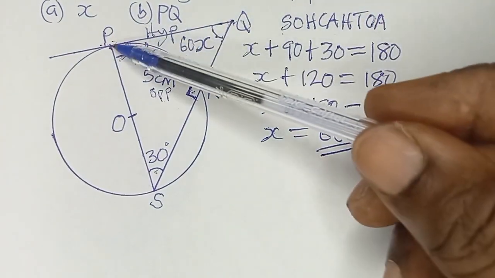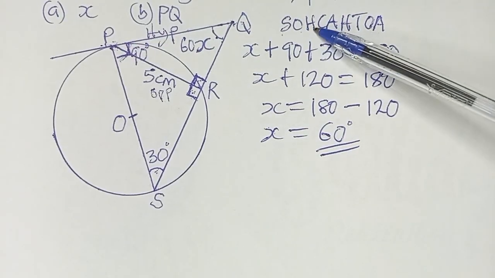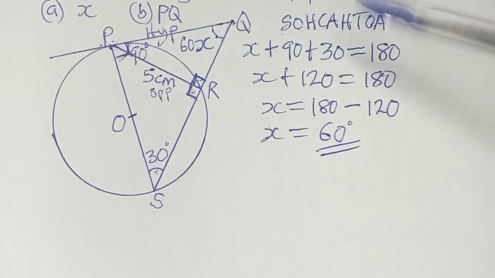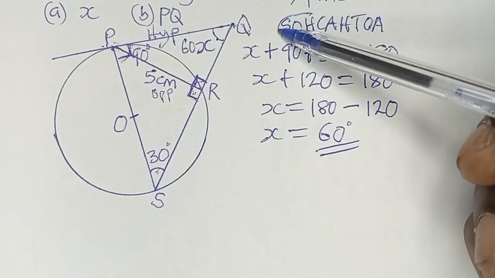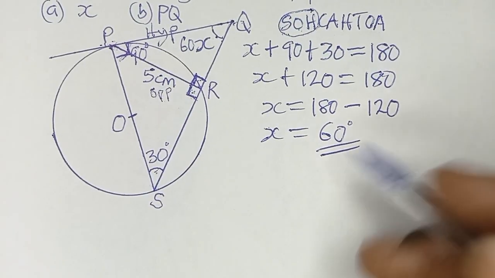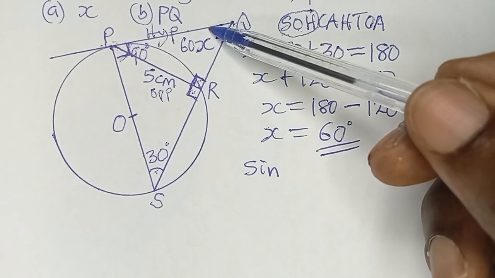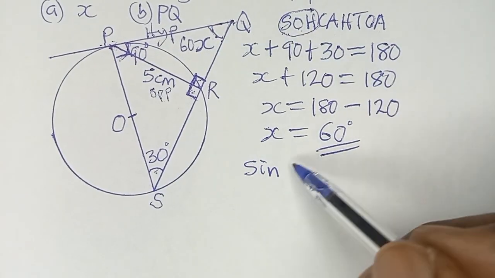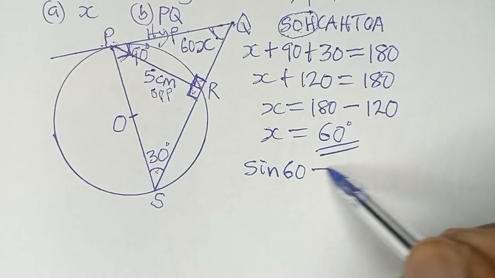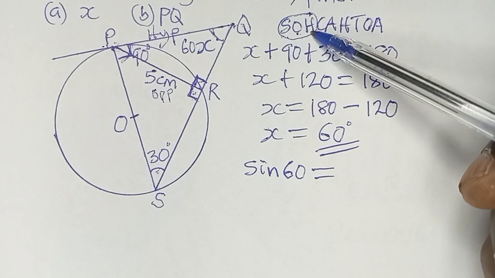Since we are dealing with opposite and hypotenuse, which is O and H from SOHCAHTOA, it means we have to use the part that uses sine. So I can say sine of the angle in the triangle that we know, which is 60 degrees, sine 60, is equal to the opposite side divided by the hypotenuse side.